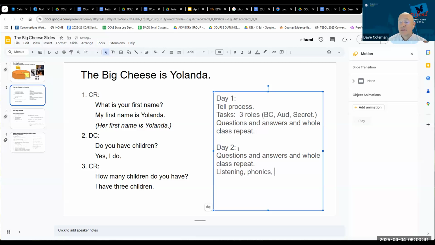Whatever you think your students need. So you can have them, or even just copying it. You could have them copying onto their own.